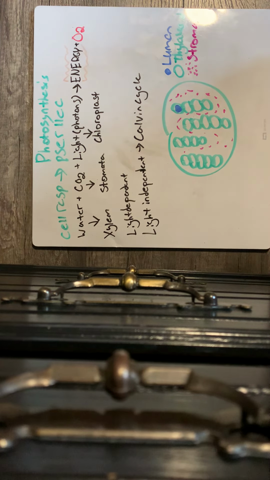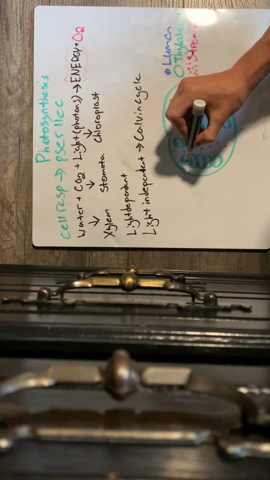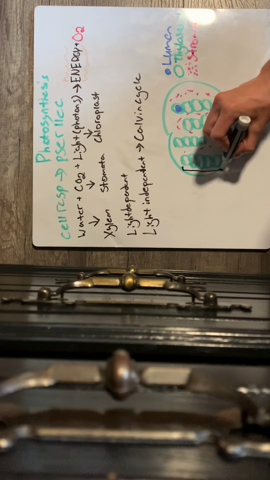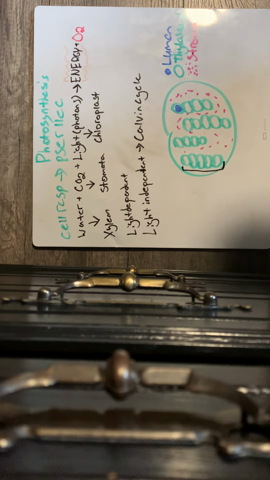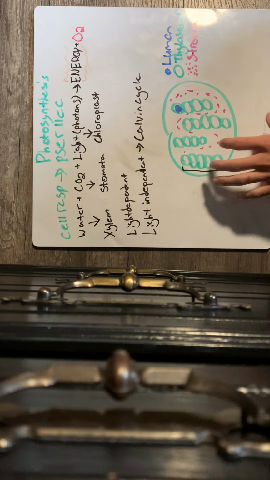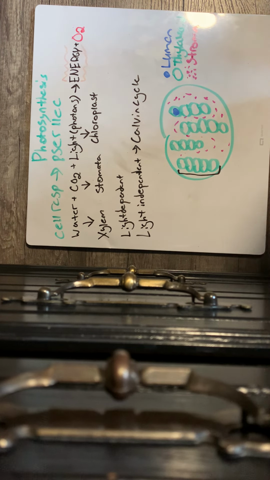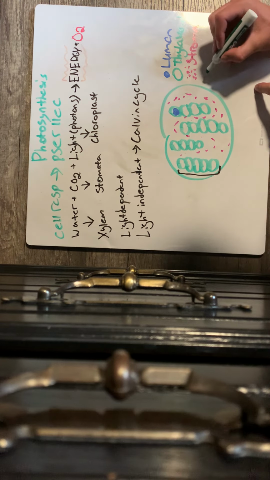But then we also have the entire section of thylakoids when they're all bunched up together in these kind of tower shapes. That is called the grana.